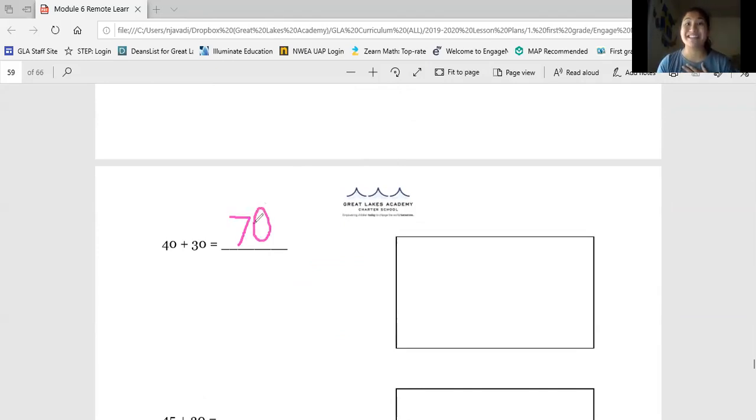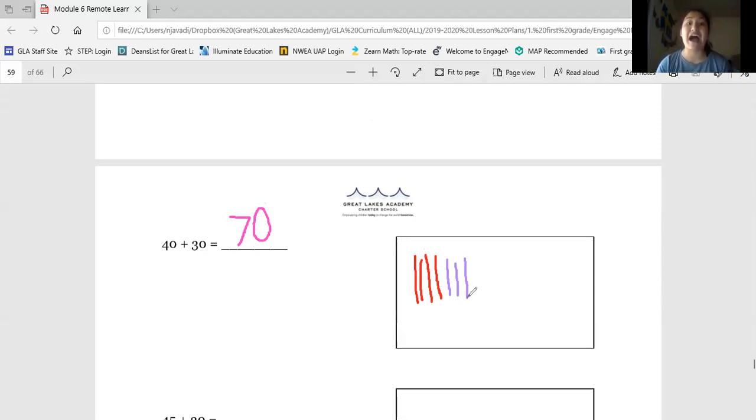I'm going to use a quick tens drawing to help me solve. So I'm going to draw 4 10 sticks to show 40. 1, 2, 3, 4. Plus 3 more to show 30. 1, 2, 3.